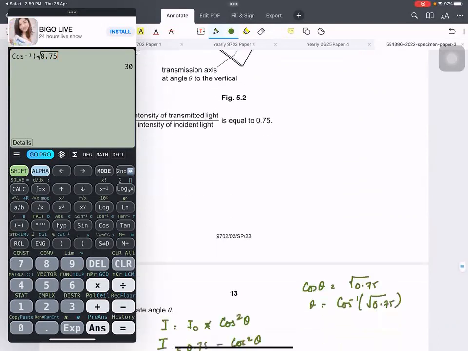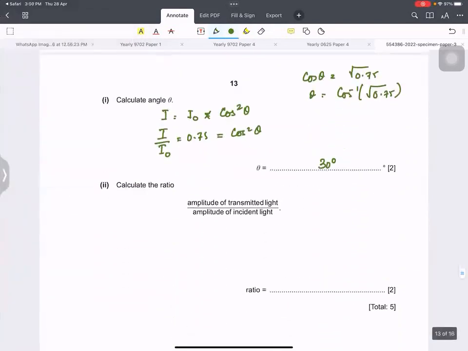Okay, it's pretty simple. Then it says calculate the ratio of amplitude, intensity. Okay, intensity, you know that it is a square, right? You want to find the amplitude. So I1 over I2 equals A1 square over A2 square, as you know.